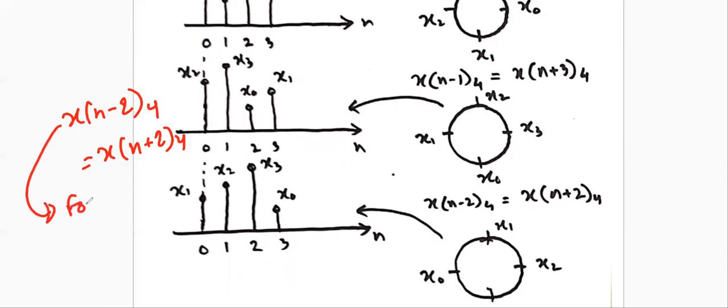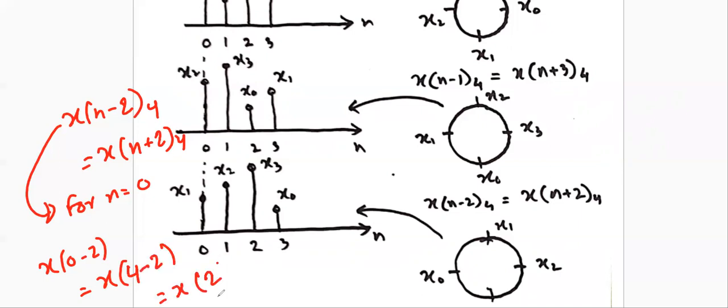For n equals 0, it will have x(0 minus 2). Since this is a minus, 4 minus 2 gives x2. So x2 will come. What is your x2? x2 from the mother signal is this, and it actually comes to the 0th sample.